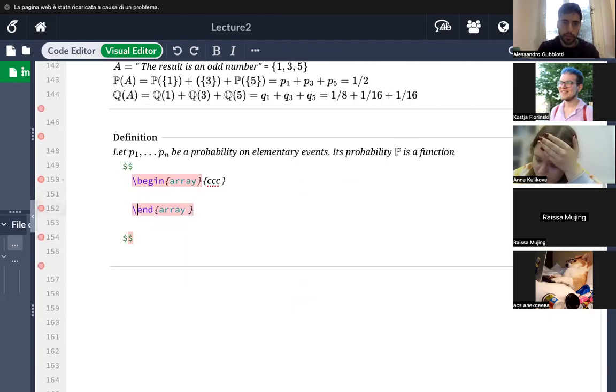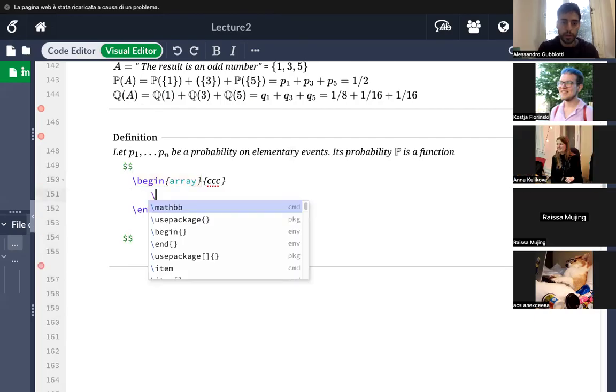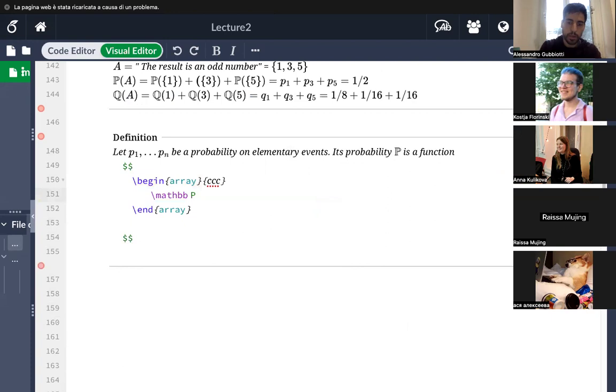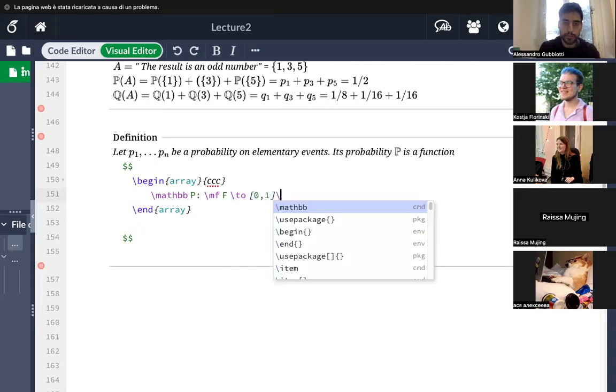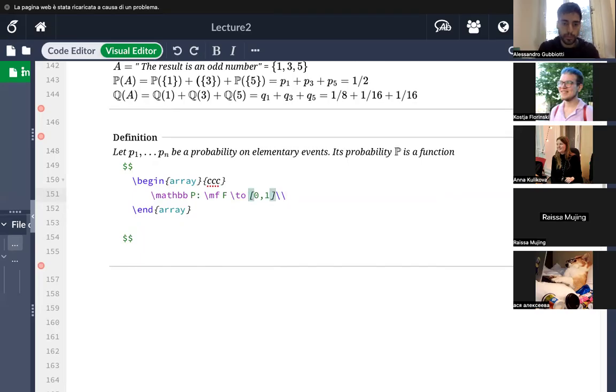So that to each event associates a number in the following way.